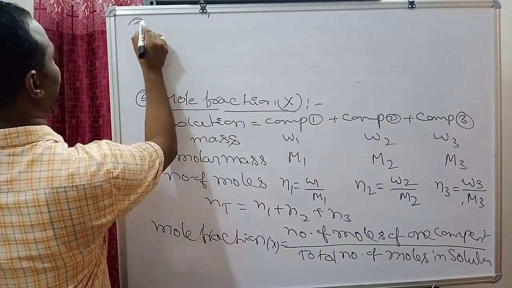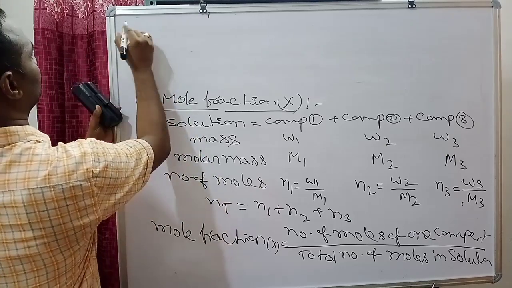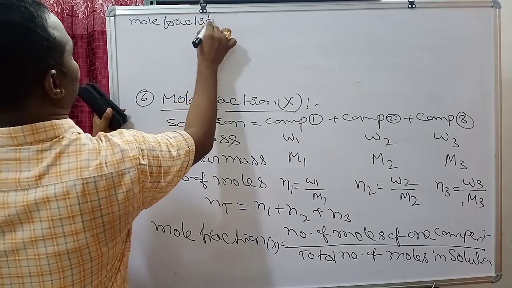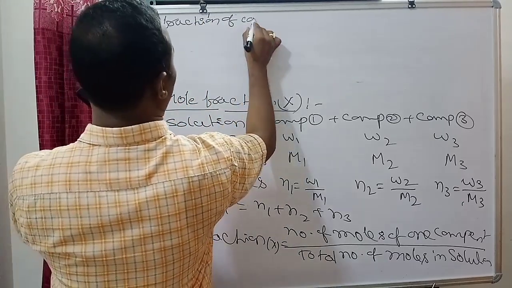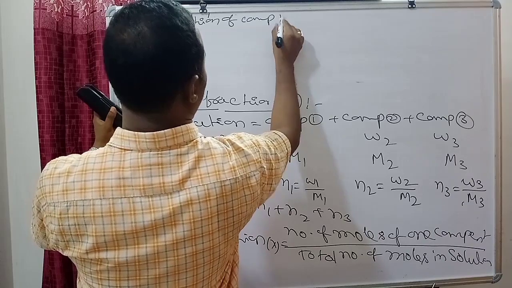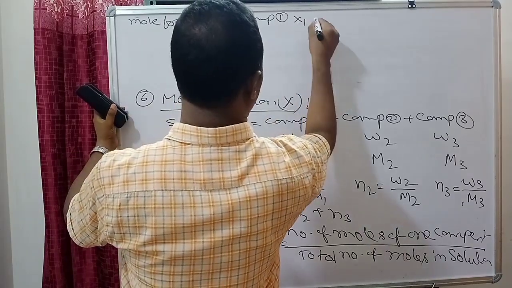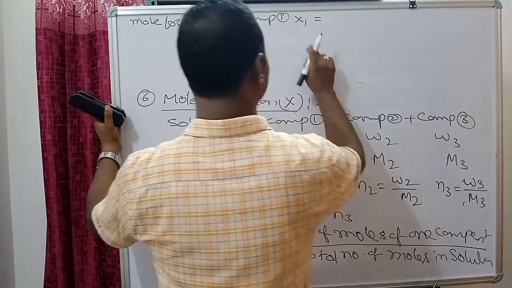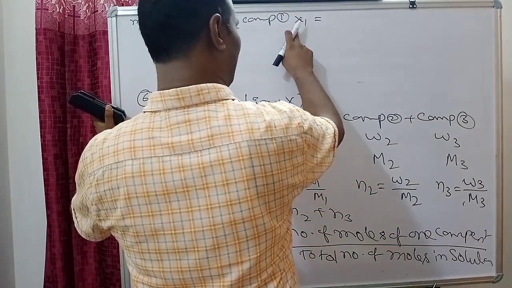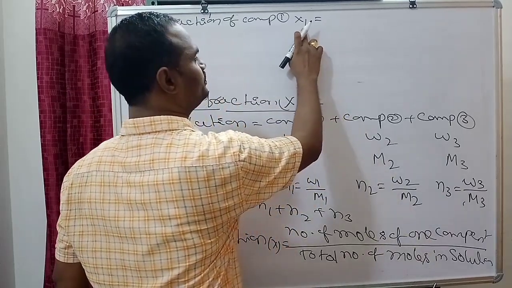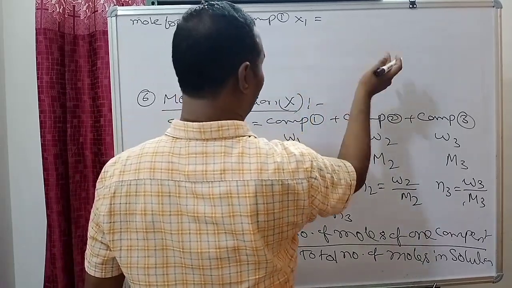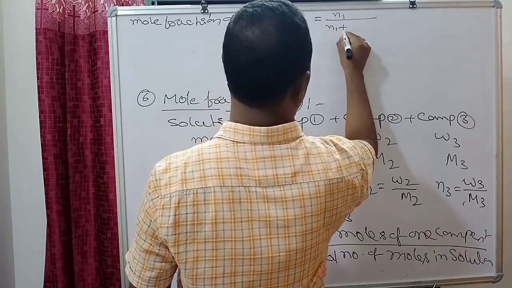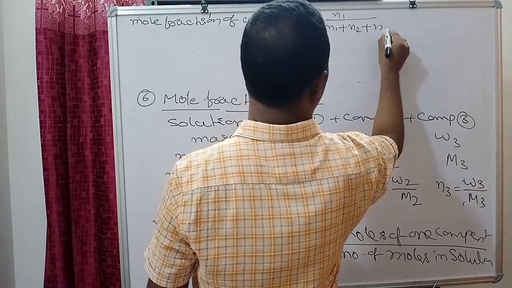Mole fraction of component 1, denoted by X1, is equal to number of moles of component 1 by total number of moles, N1 by N1 plus N2 plus N3.